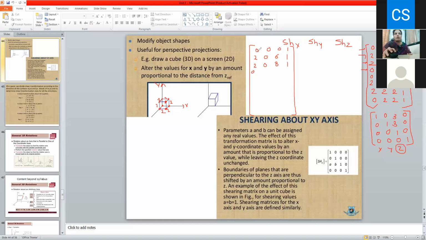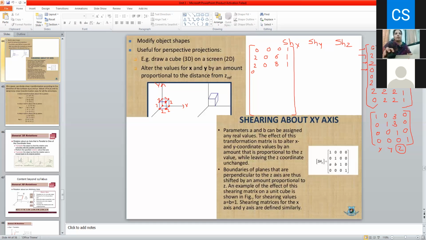So here remember that x is not going to change. X is not going to change because the first column is as it is. Right? There is no addition. And that's why first column x will be the same only. Similarly, y is also the same because in the second row only one element is present over here, which will multiply only the y value. Otherwise, there is no addition in this.